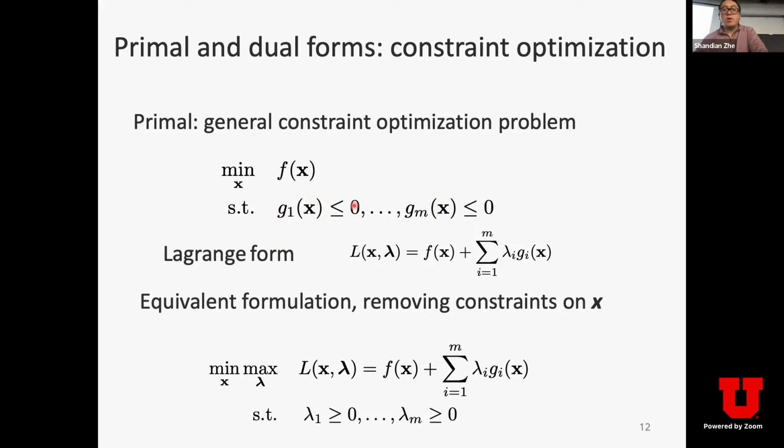You can imagine if g1 to gm are complex functions, your constraint space can be very complicated. But here, when you convert it into a minimax optimization problem, your constraint is just non-negative. It's just the cubic. That's one major benefit of doing this.